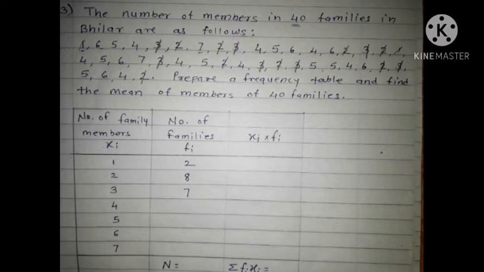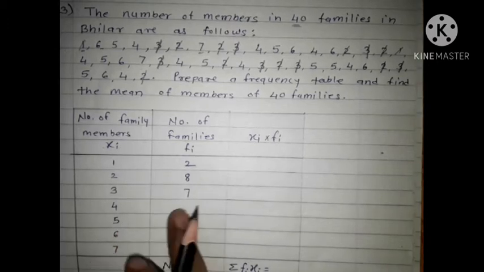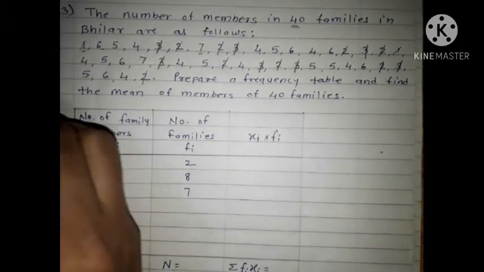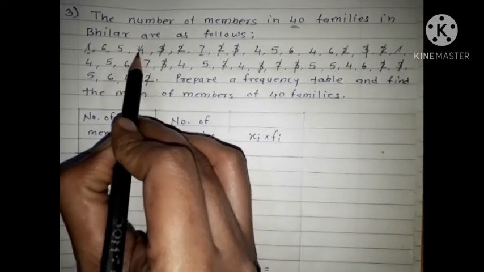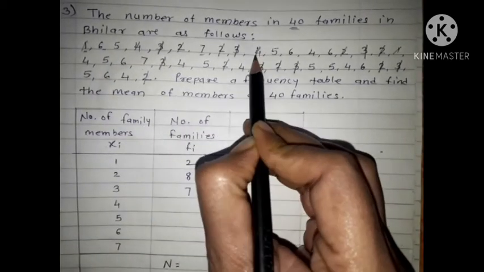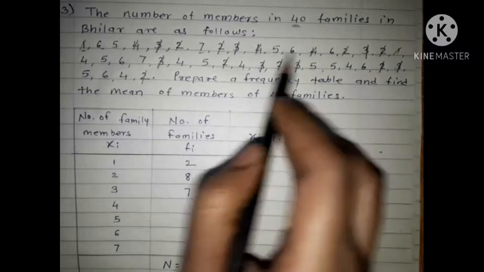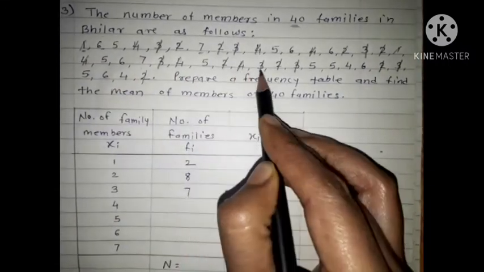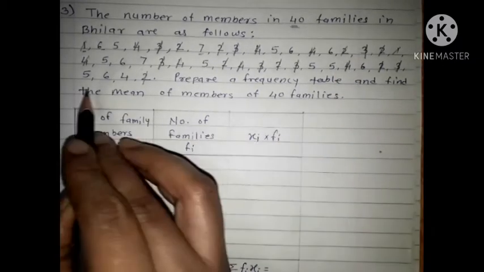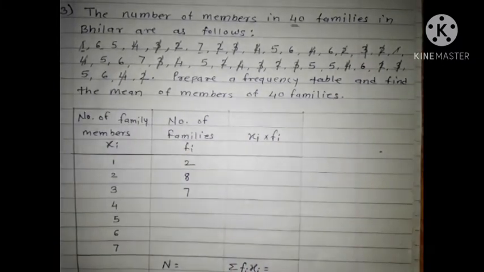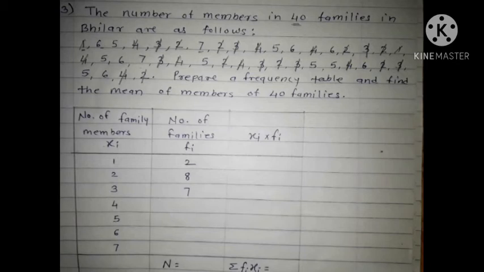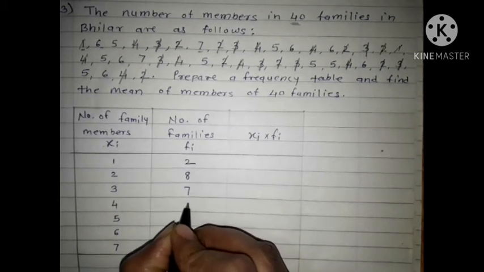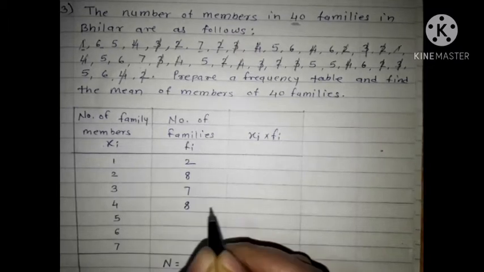Now we find the families having 4 family members. Count 1, 2, 3, 4, 5, 6, 7 and 8. There are 8 families having 4 family members. Therefore we write 8 here.